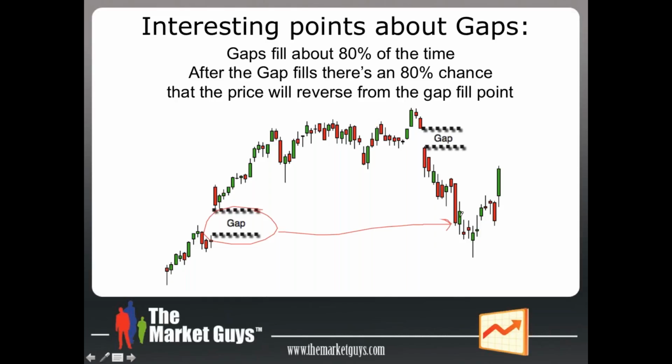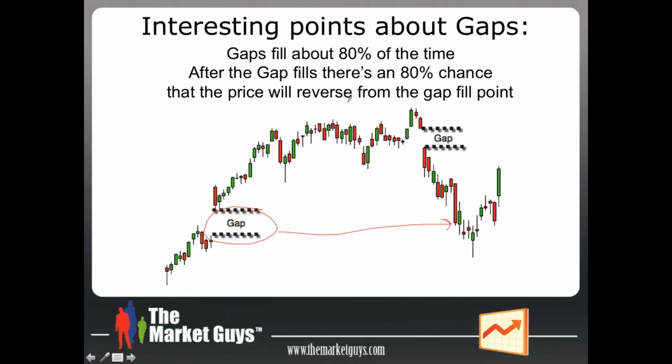See? So on this day right here that I drew my arrow to, the price came all the way back to the original opening of the gap. So when the price action comes back to fill the void, that means filling the gap.